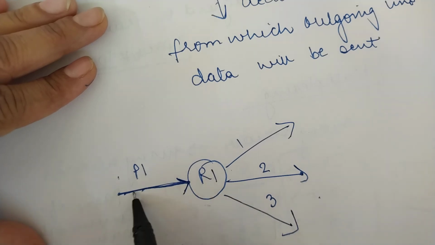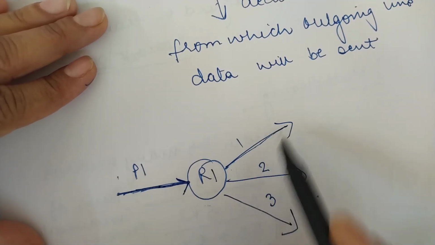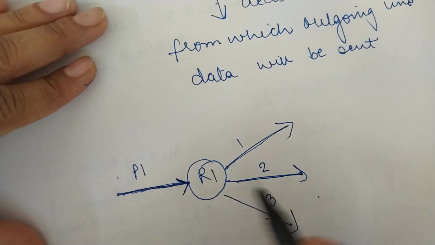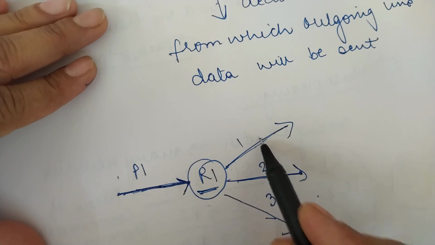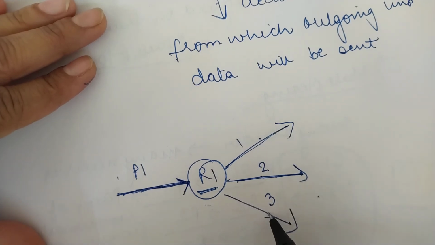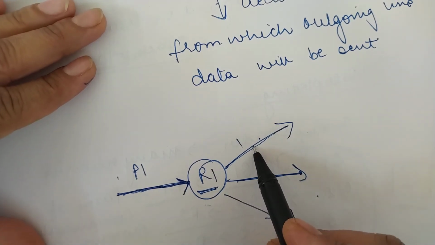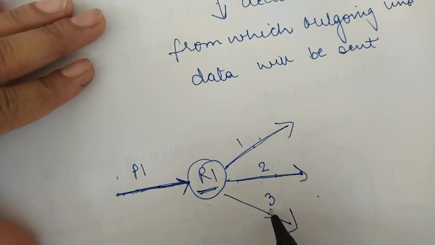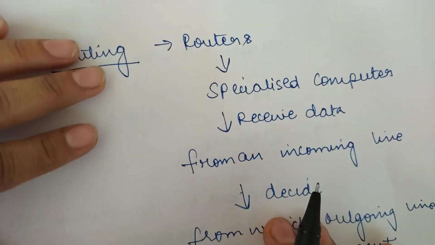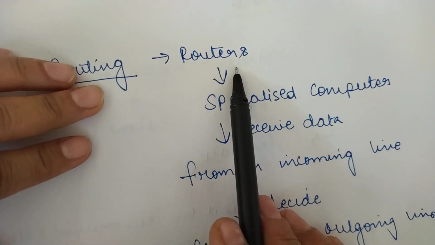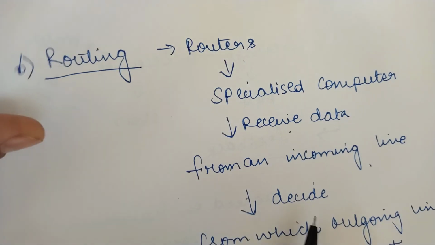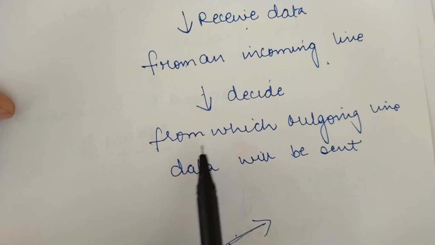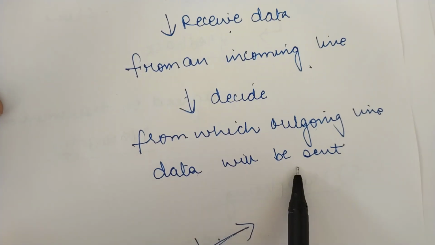Then after receiving data from this incoming transmission line, out of these 3 outgoing transmission lines, router R1 will decide which particular transmission line it will choose to transmit the data, whether it will choose line 1 or line 2 or line 3. So this is known as routing, that the routers receive data from an incoming line and then they decide from which outgoing line data will be sent.